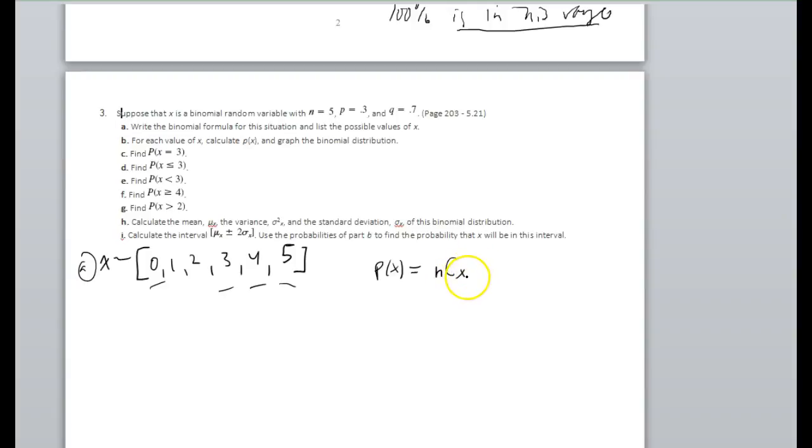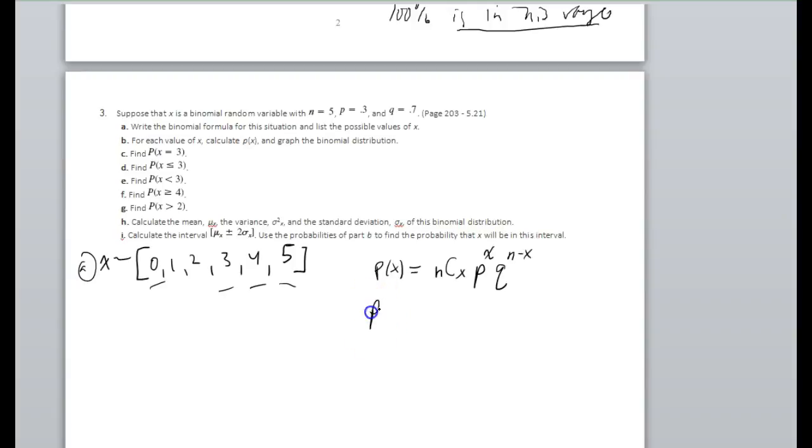We can just represent that as n choose x, and that's going to be times p, the probability of success, to the number of successes, times q, the probability of failure, to the number of failures. So that would just be total number of trials minus the number of successes. N being the total number of trials, x being the number of successes. So that's just going to be the number of failures, okay?